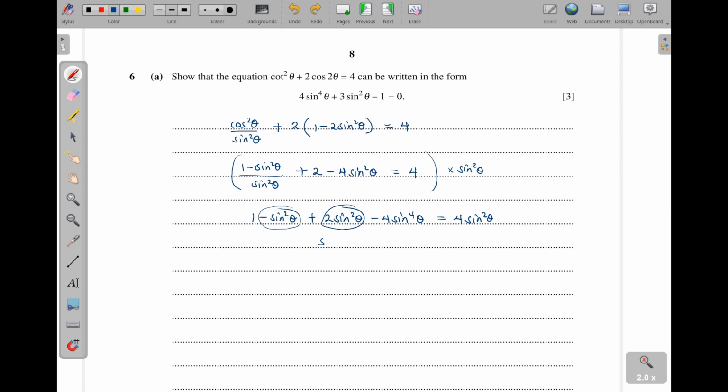So we shall have 4 sine power 4 of theta, and now 4 sine squared theta minus 1 sine squared theta, so it will be a plus 3 sine squared theta. And then when this one crosses, it will be a minus, so minus 1 is equal to 0. So this is what they wanted us to show.